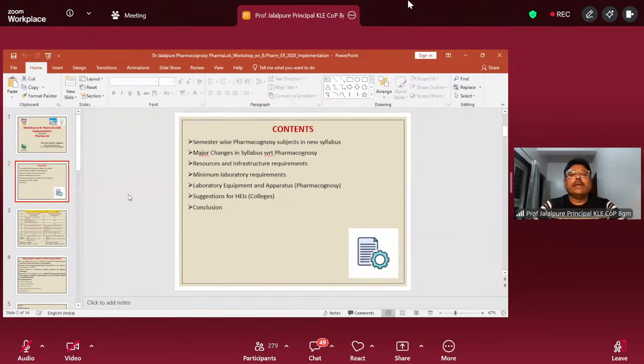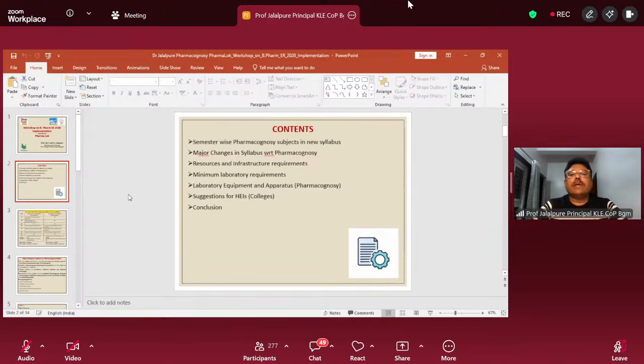Then, of course, the equipment and apparatus required to fulfill this new syllabus. Also, some extra equipment which has been added, that also I will show.